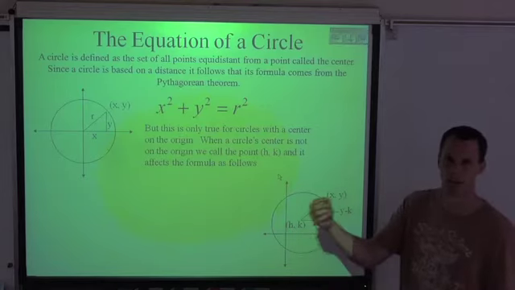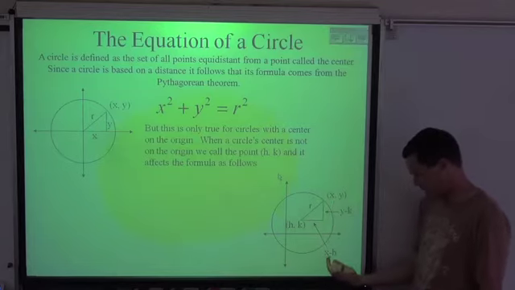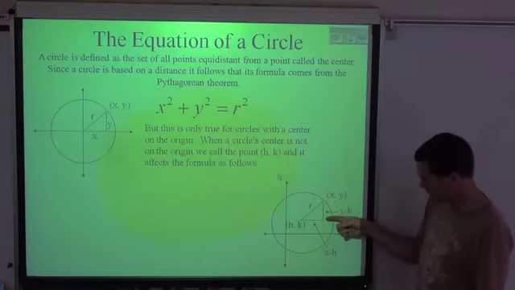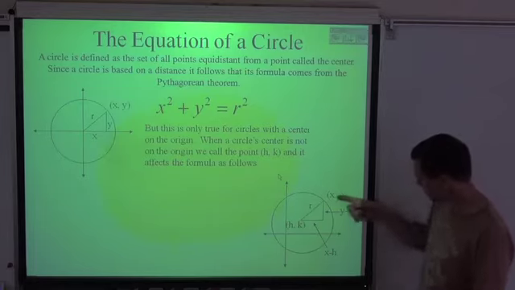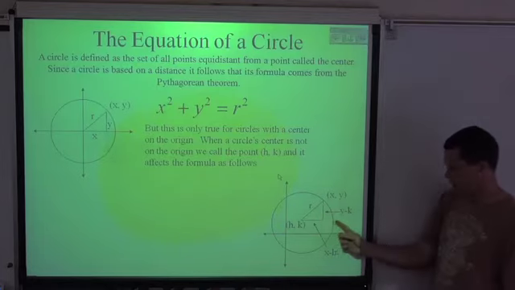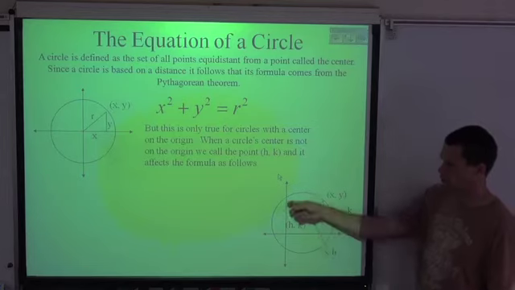It's the x2 minus x1 part of the distance formula. And the vertical part is now y, y2, minus k, which is y1. So now we have three sides to the triangle: x minus h, y minus k, and r.